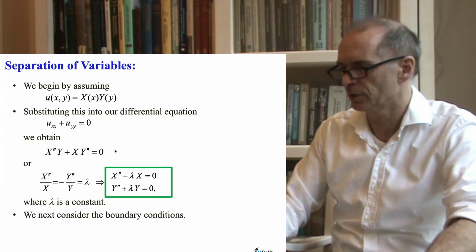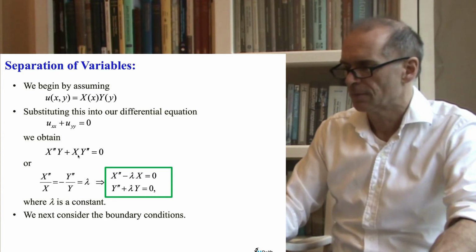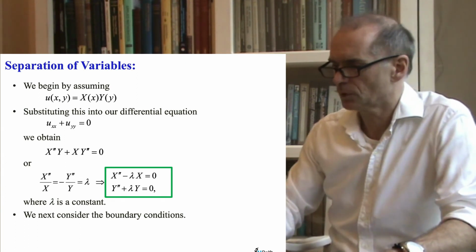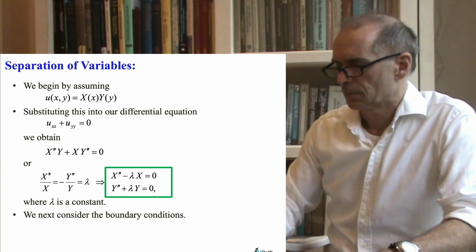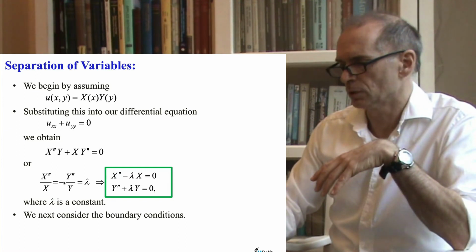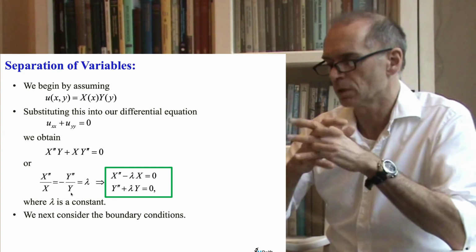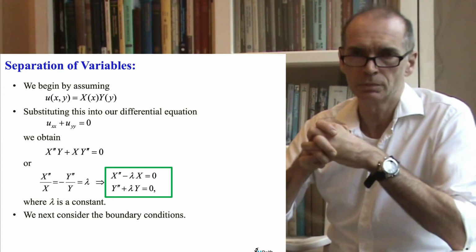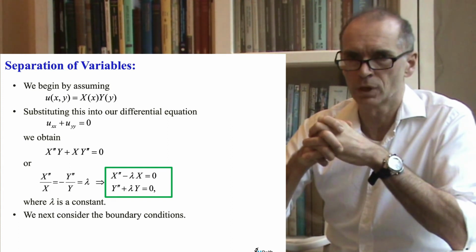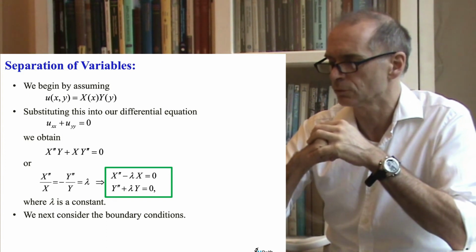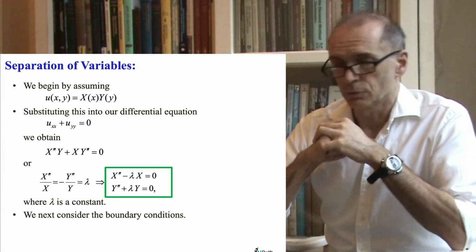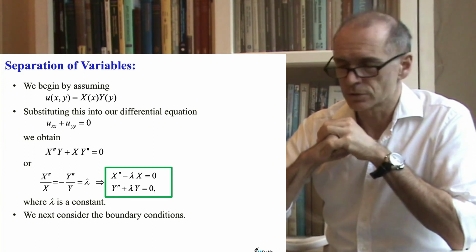Now, if you would separate, bring one term to the other side, and divide by X times Y, you end up with the conclusion that X double prime divided by X should equal minus Y double prime divided by Y, one function being only a function of x, the other function being only a function of y, and those two can only be equal to one another if both functions are equal to a constant actually, and those constants must be the same.